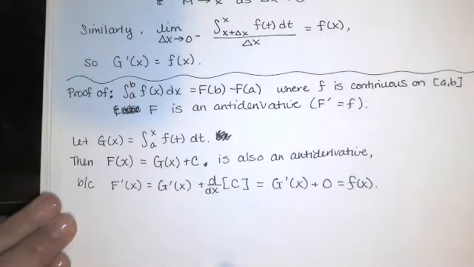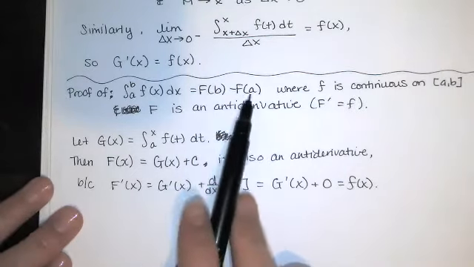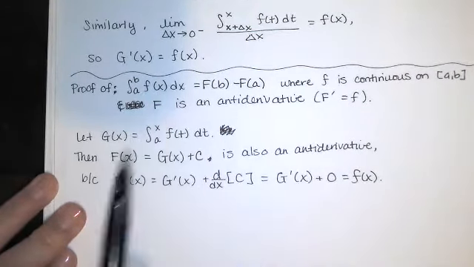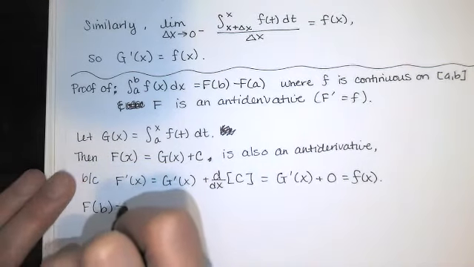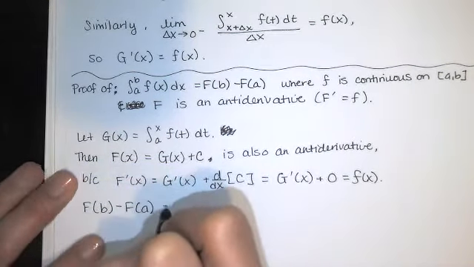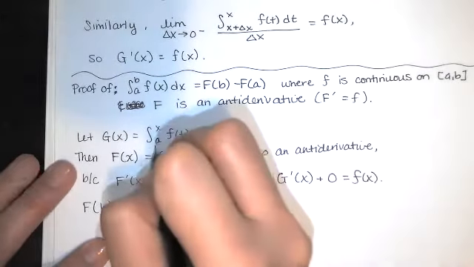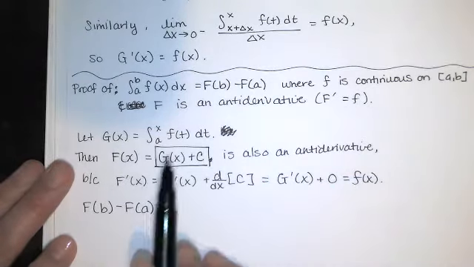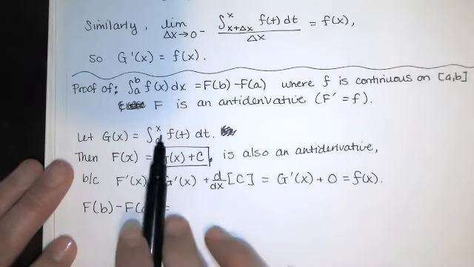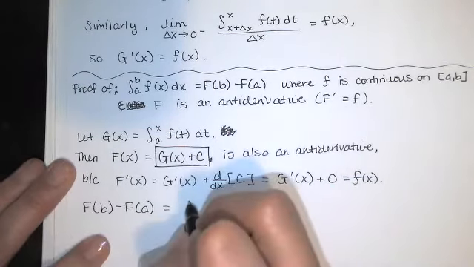Okay, well then let's just evaluate this, f of b minus f of a, and show that it's equal to this. This is our function f. So I'm evaluating g at b, and then I'm adding c to it.